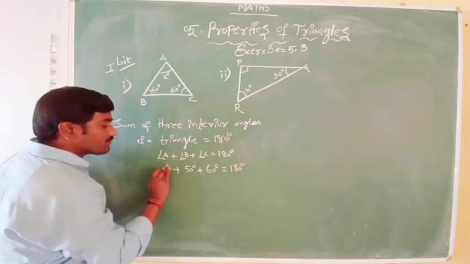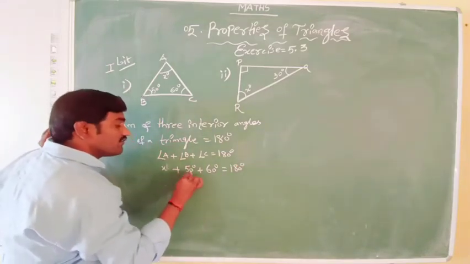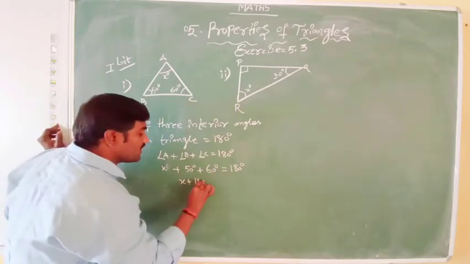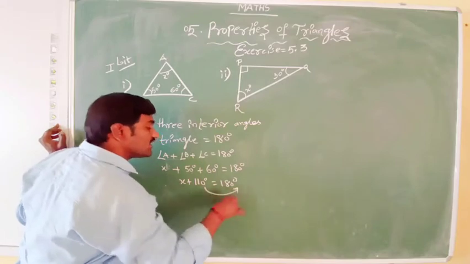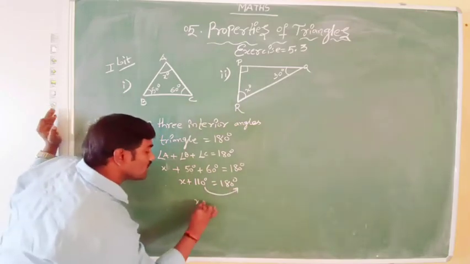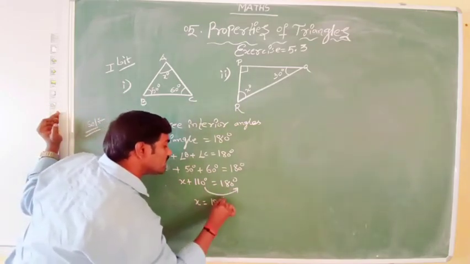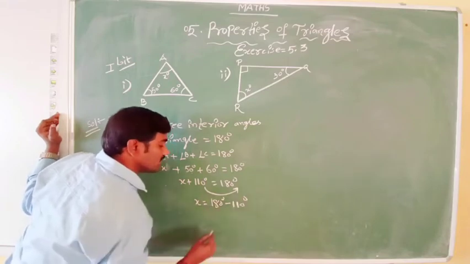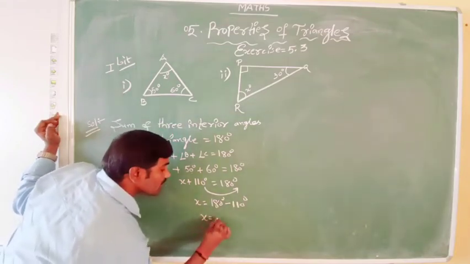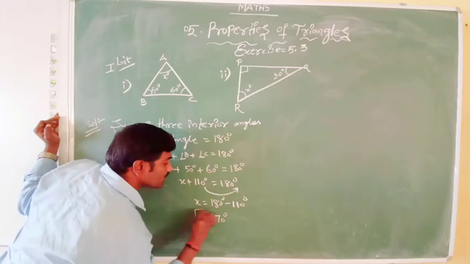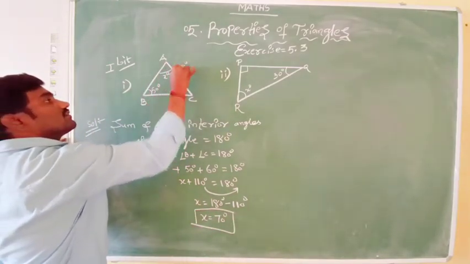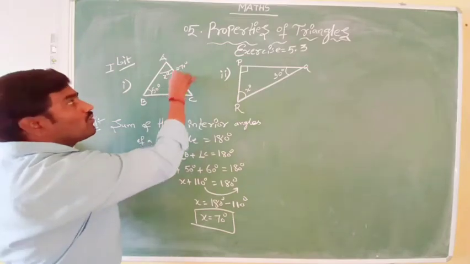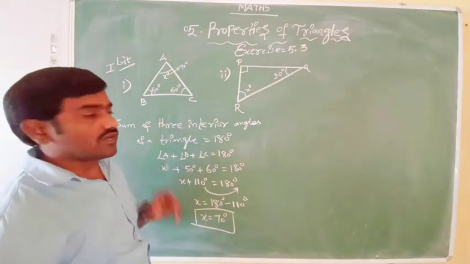So x plus 50 plus 60 degrees, that is 110 degrees, equals 180 degrees. This 110 degrees we transfer to this side, so x equals 180 degrees minus 110 degrees. Hence we get 70 degrees. Simple. The angle x is 70 degrees. 50 plus 60 is 110, and 70 degrees more is required to get the answer.